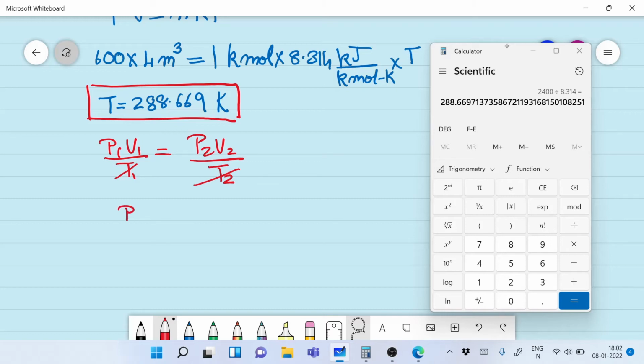Therefore, we get our final pressure as 600 kilopascals into 4 meter cube divided by 2 meter cube, and that makes it 1200 kilopascals. So our final pressure is equal to 1200 kilopascals.